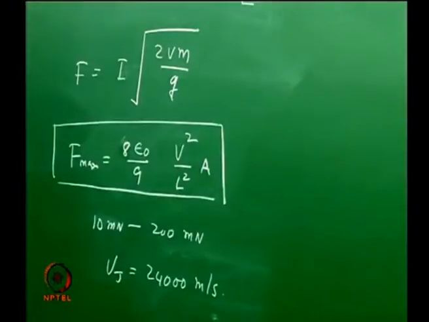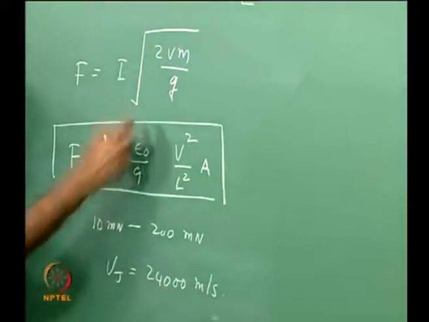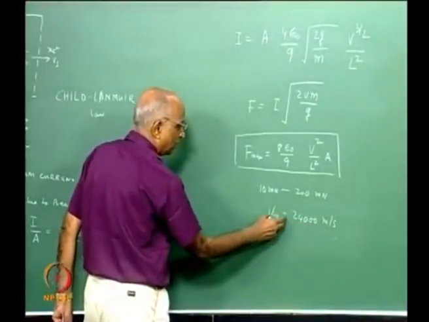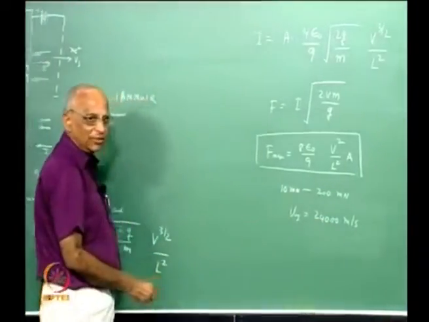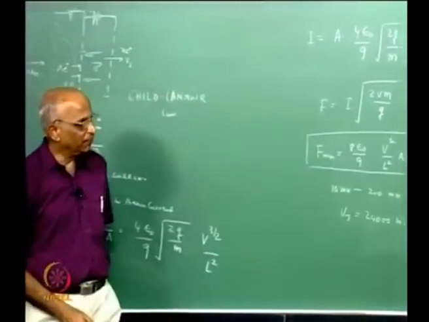When we talked of chemical rockets, we found that the Vj is around 3000 or something. The ion rocket gives around 10 times the performance, but at reduced thrust levels. And what is the maximum thrust level? Given by this particular equation.